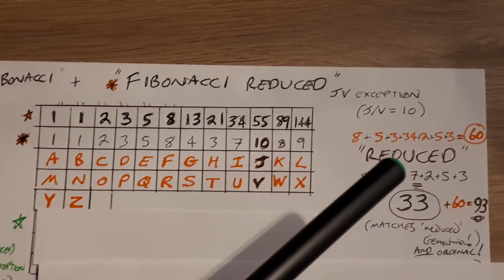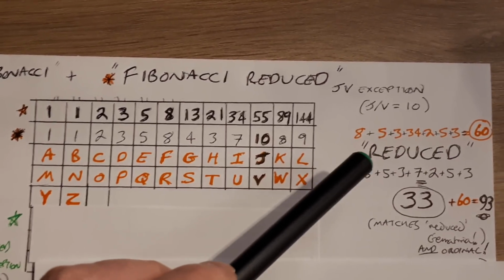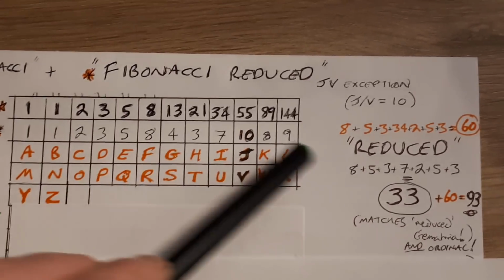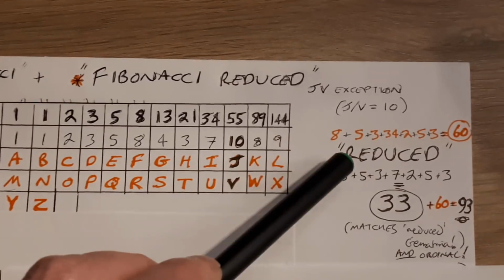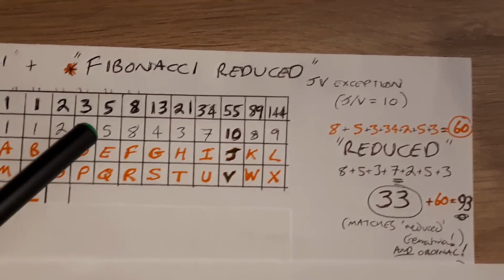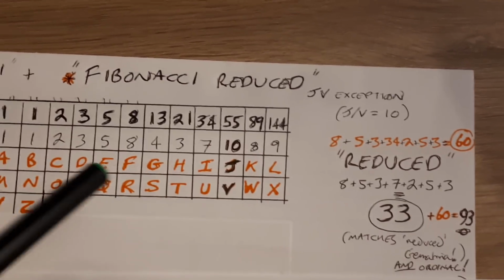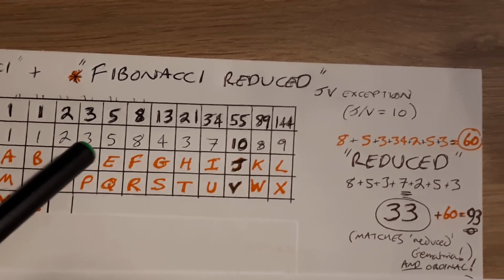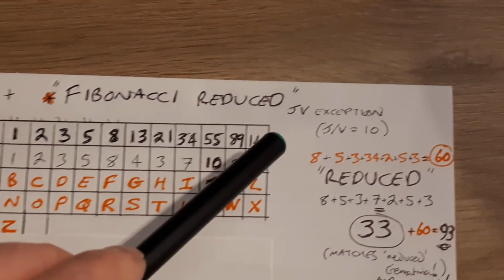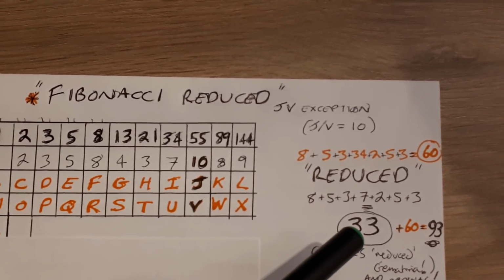So to show that there, for reduced in ordinal it's 60, R is 8, E is 5, D is 3, U is 34, C is 2, E is 5, D is 3. Okay, 60. Reduced in Fibonacci reduced, there's no J or V's, it's 33.